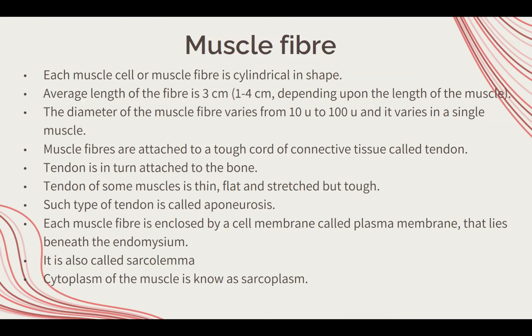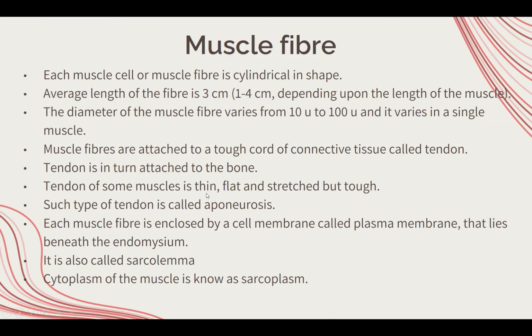Each muscle cell or muscle fiber is cylindrical in shape. The average length is about 3 centimeters, and the diameter can vary. As we saw previously, muscle fibers are attached to a tough cord of connective tissue called a tendon, which in turn is attached to the bone.